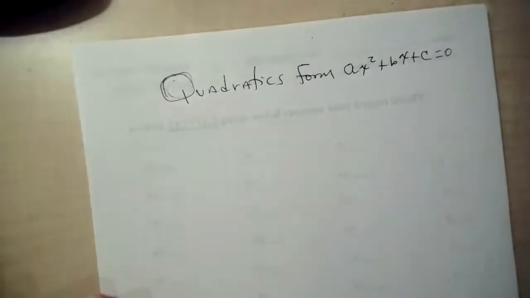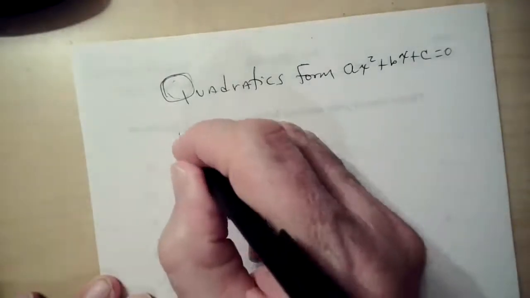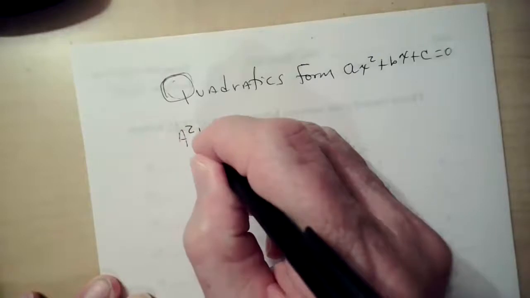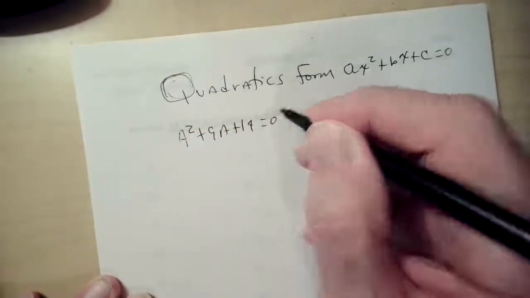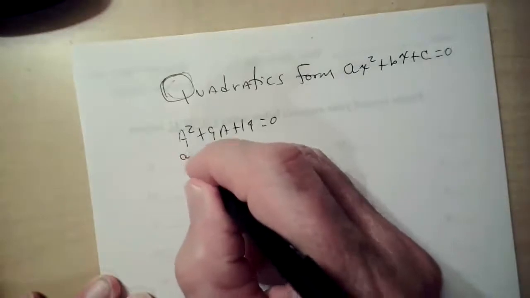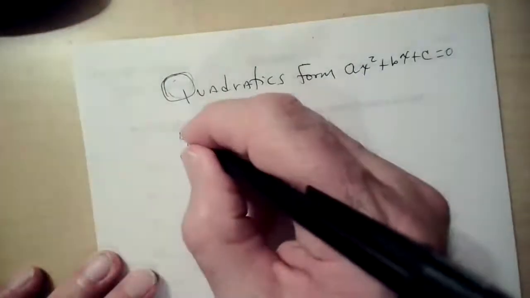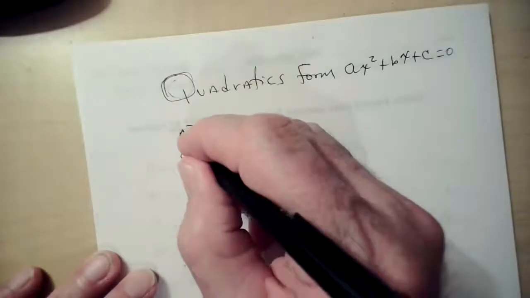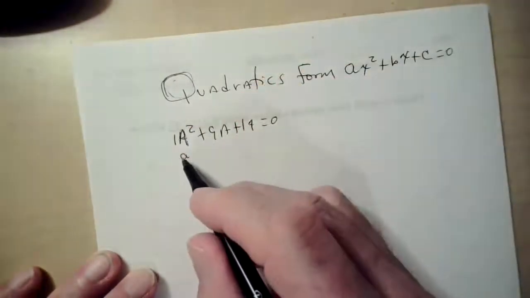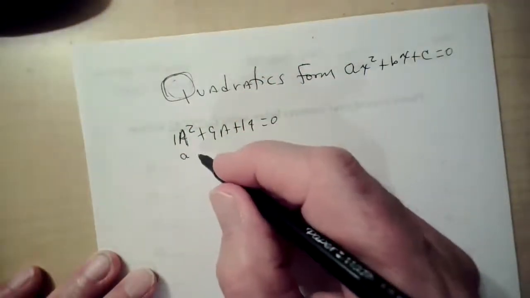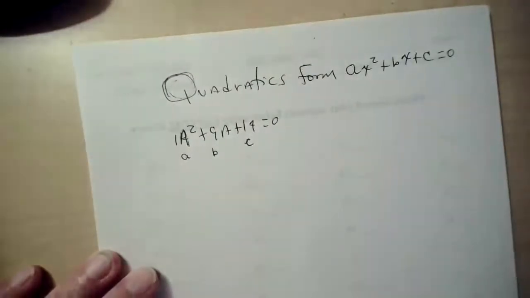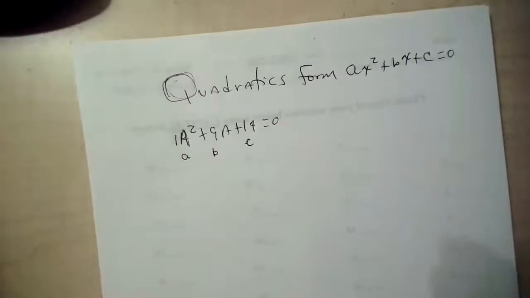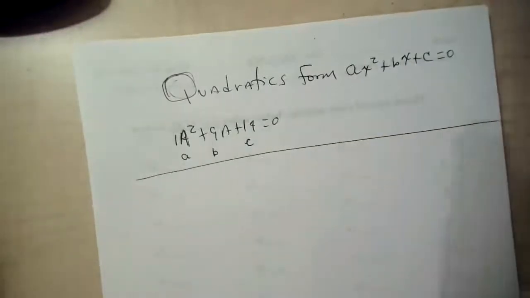So if we have a squared plus 9a plus 14 equals 0, the 1 is the a, 9 is the b, and the constant is c. Not super important right now, but it will be a little later.